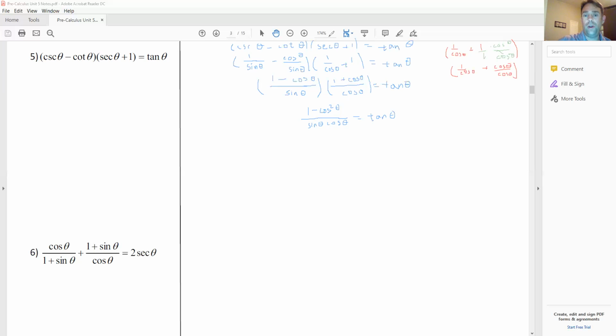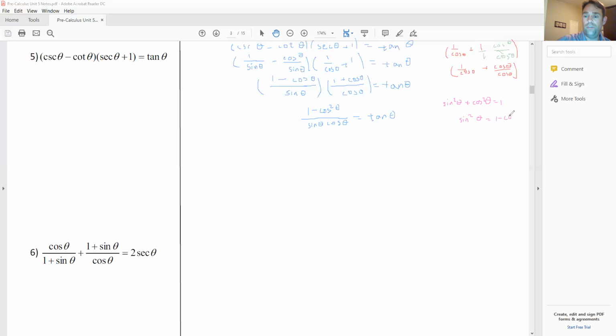Well, now I see a squared, 1 minus cosine squared. So again, I ask myself, when does that pop up? Well, sine squared theta plus cosine squared theta equals 1. So that means sine squared theta equals 1 minus cosine squared theta.